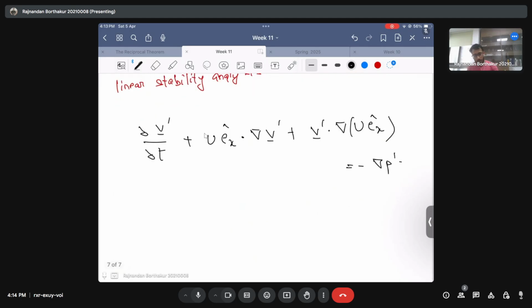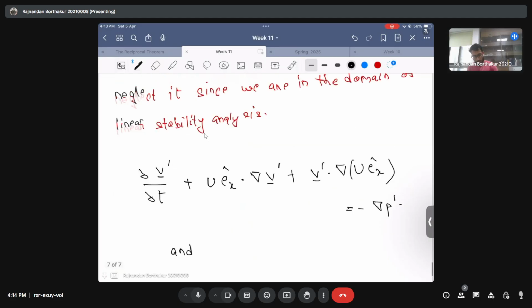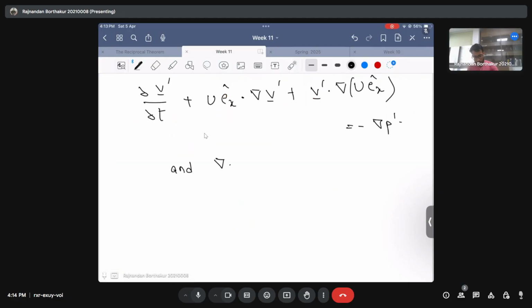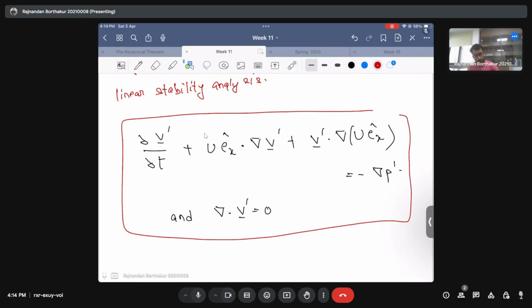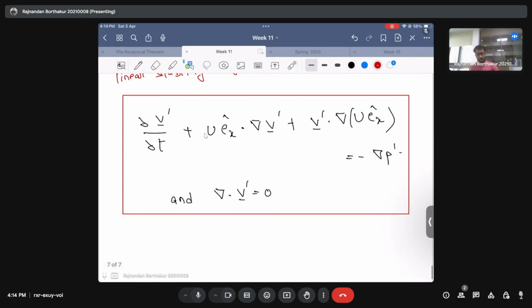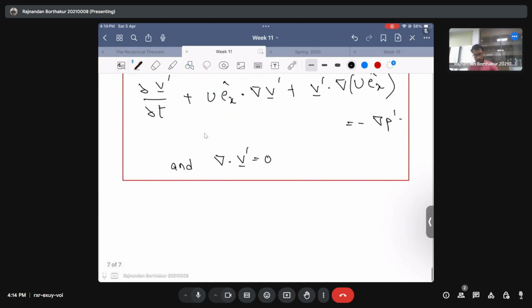This coupled with the continuity equation, divergence of v dash equals 0, are your linearized governing equations that the perturbations satisfy. Okay, so I'll write it down.